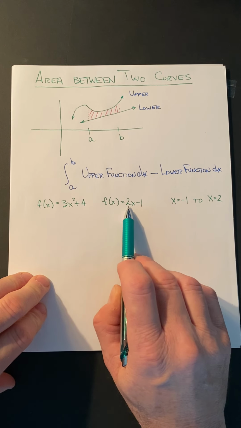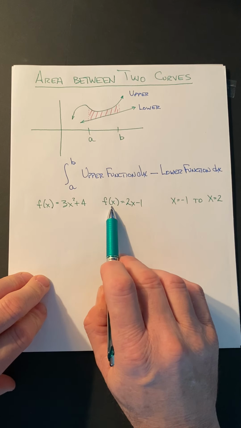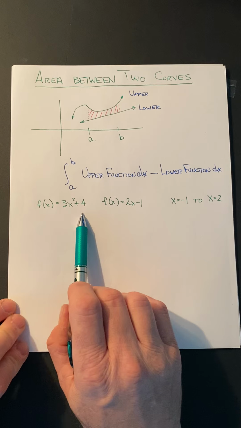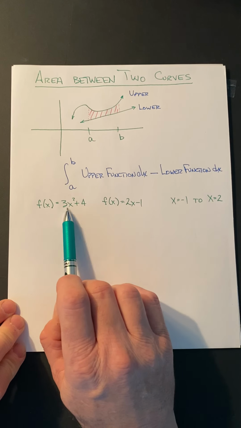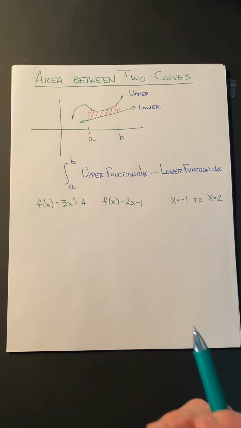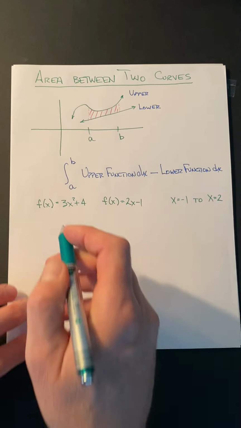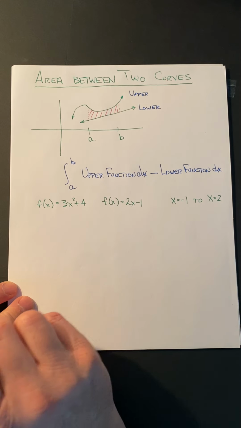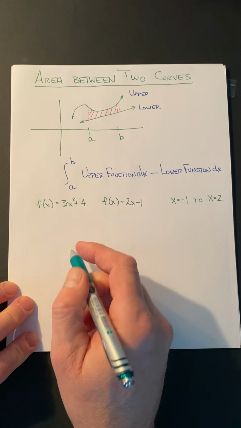X is 0, this second function becomes a minus 1, okay? So I'm going to assume that this one is larger than this one, and we're going to talk about a variation of this later on. But for right now, this is larger than this, okay? Just go with me on that assumption.